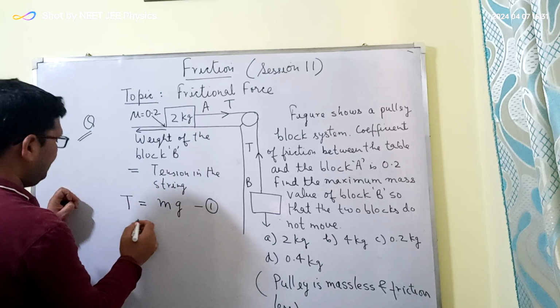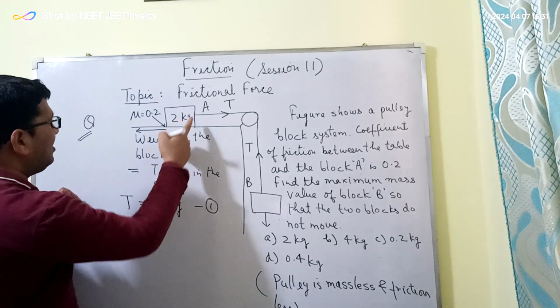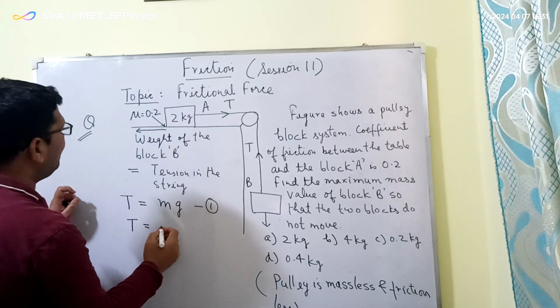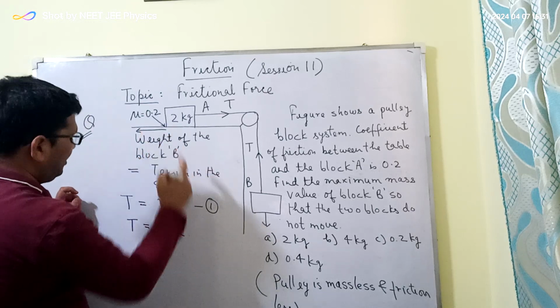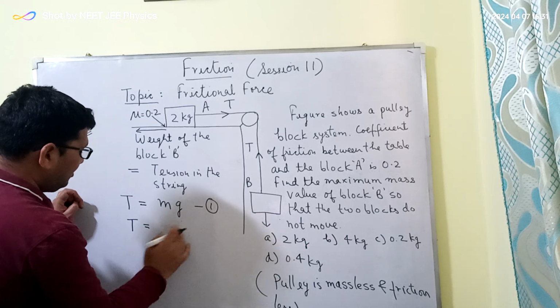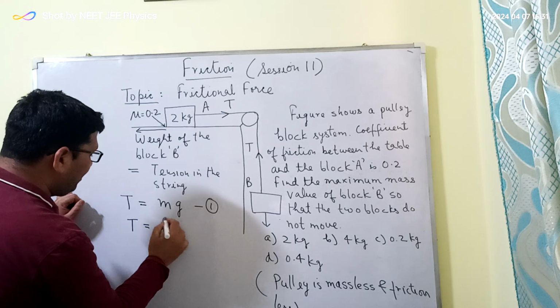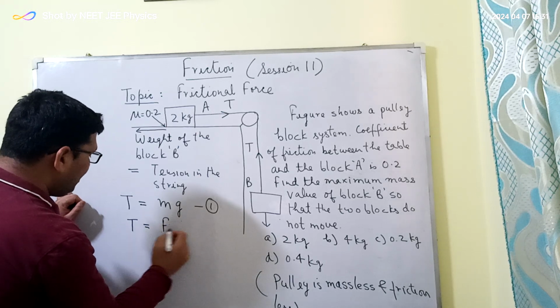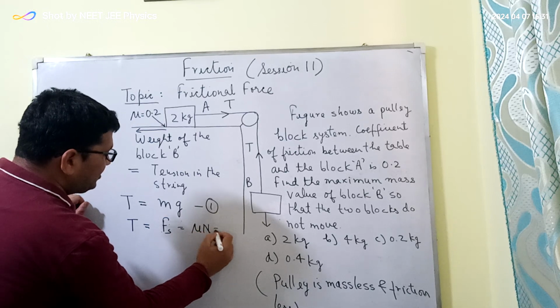So we can say that from this block A, this tension T will be equal to mu mg, because T is equal to the frictional force. Let us say that this frictional force is Fs. So this Fs will be equal to mu into N, where N is the normal reaction.